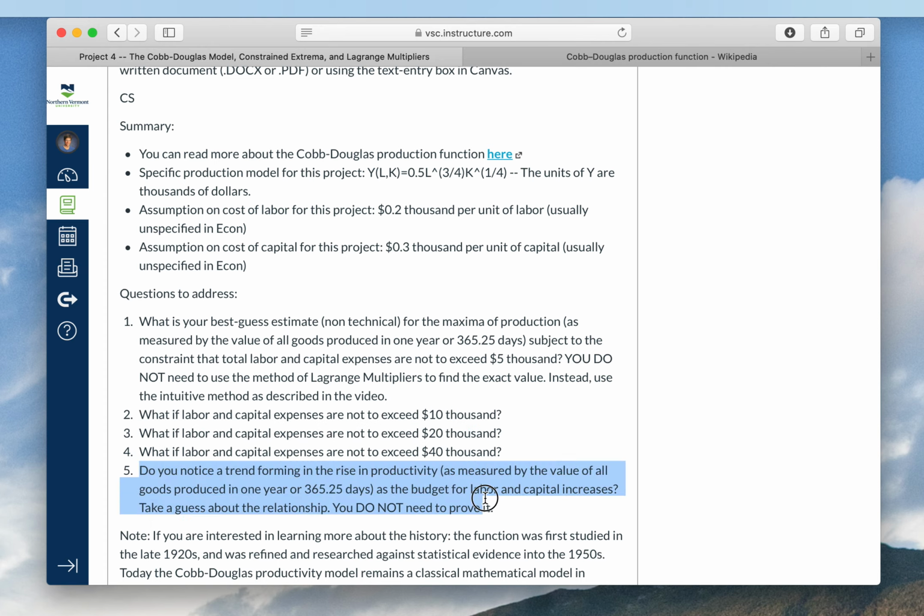And then as you do so, I ask that you answer if you see a trend forming in the rise in productivity as the budget for labor and capital increases. Hopefully you'll see a pretty easy trend to observe here. So that's all I'm asking you to do.